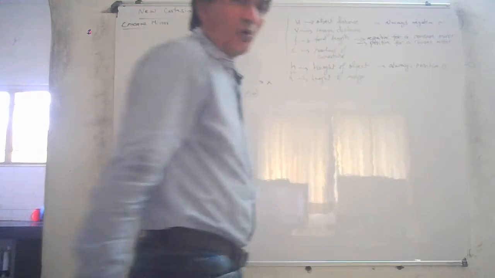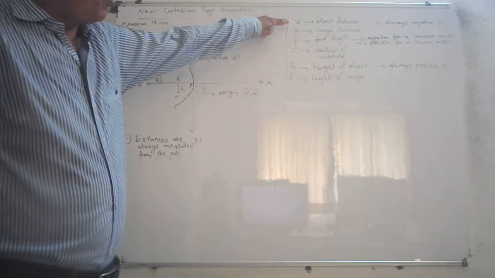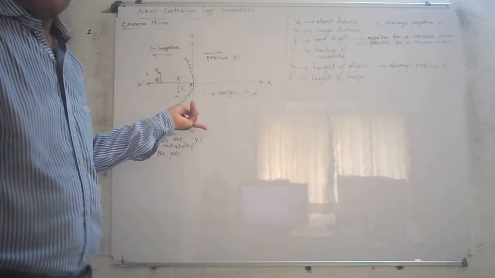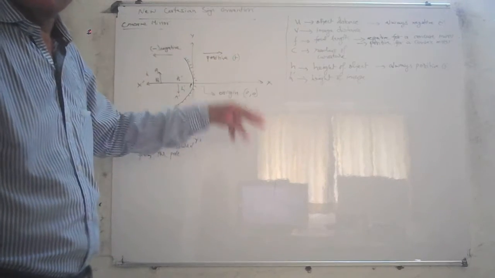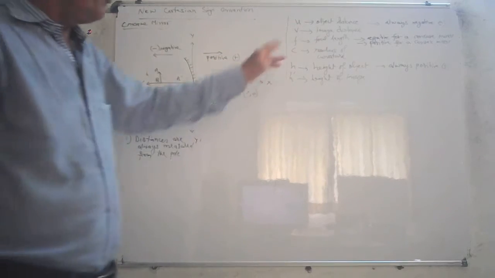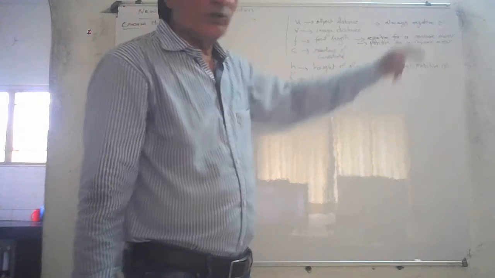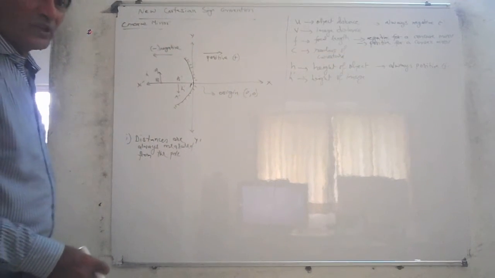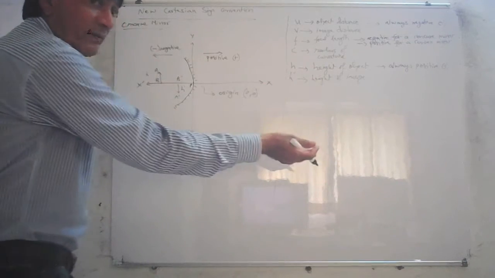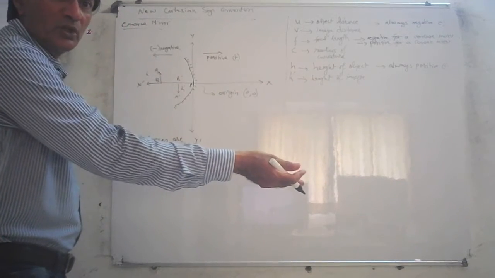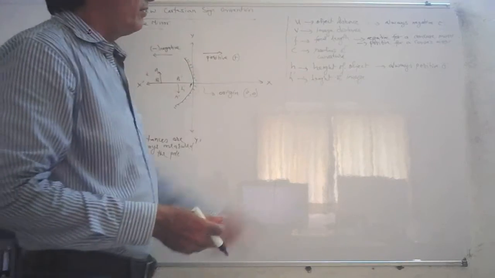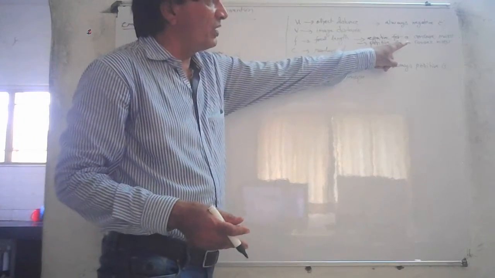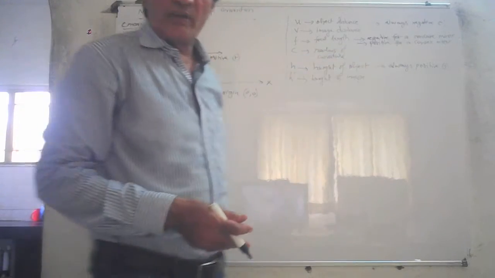Object distance, for both convex and concave, will always be negative. Focal length will be negative for a concave mirror because focal length will be on this side. But for a convex mirror the focal length will be on the other side. The focal length will be negative for a concave mirror and positive for a convex mirror.